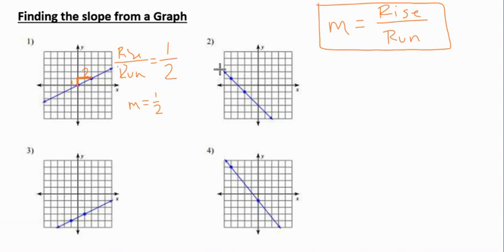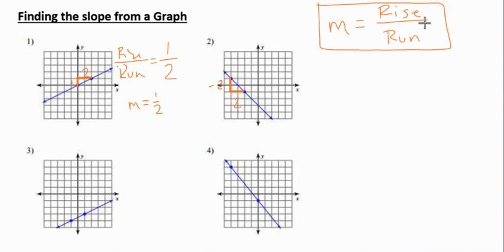So again, if I'm reading this graph left to right, I hope we kind of notice right when we look at it, it's going down to the right, right? So if I start at my leftmost point, to get to my other, just up or down, I will go down 2 units and over 2 units, right? So my rise here is a -2, so I'm going down 2, and my run is a +2.